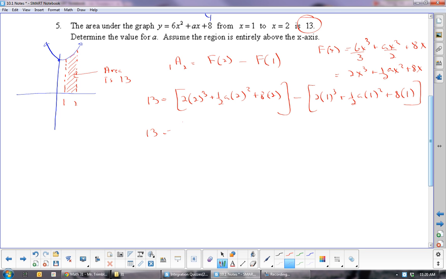So 13 equals, this is 16 plus 2a plus 16, minus 2 plus 1/2 a plus 8. So 13 equals 32 plus 2a minus 10 minus 1/2 a.